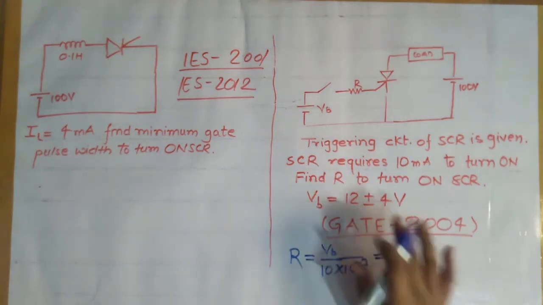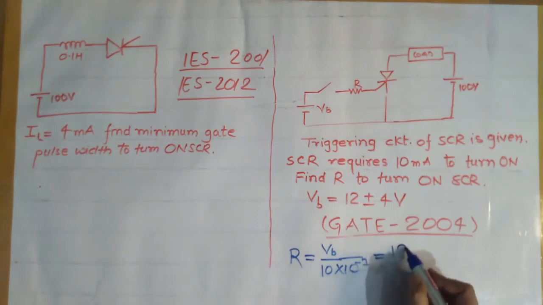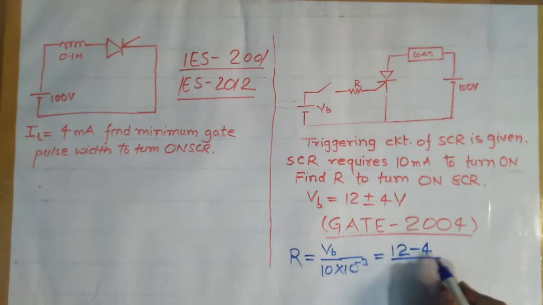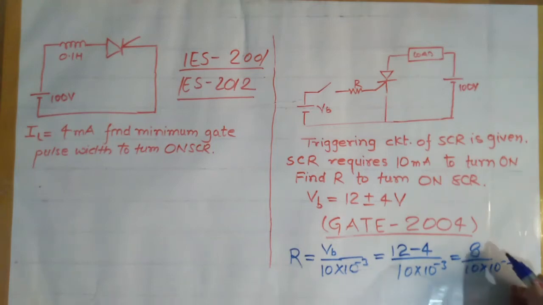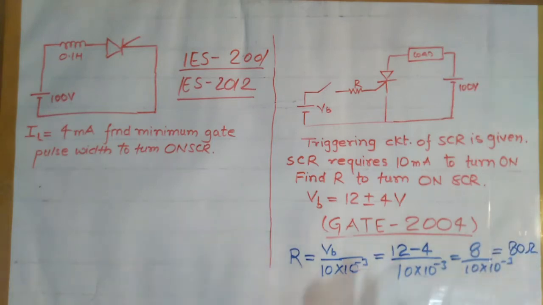This is 12 plus minus 4, so it must be equal to 12 minus 4 upon 10 into 10 to the power minus 3, that is simply 8 upon 10 into 10 to the power minus 3. When you solve this, this 10 will cancel, and you get 80 ohm. So 80 ohm is the answer.